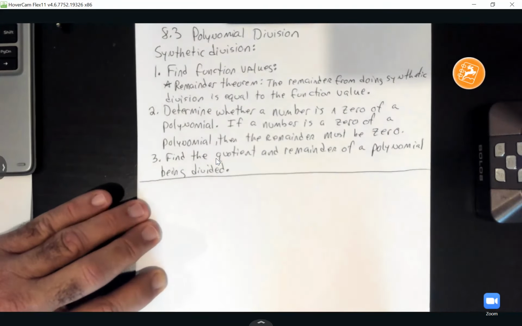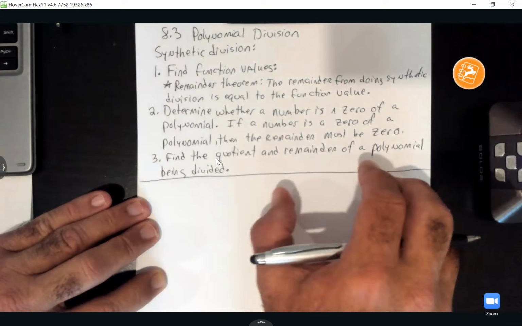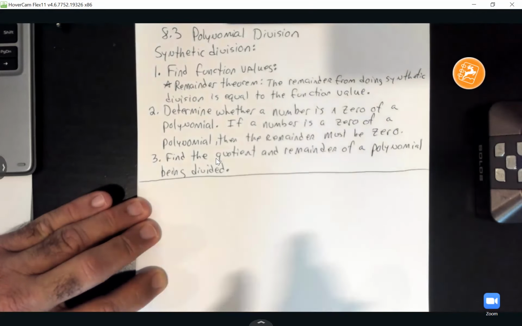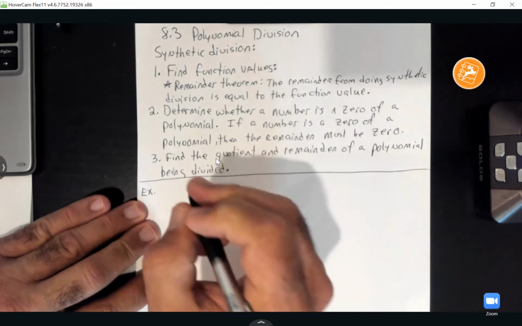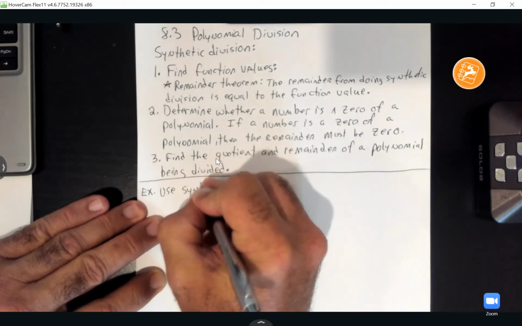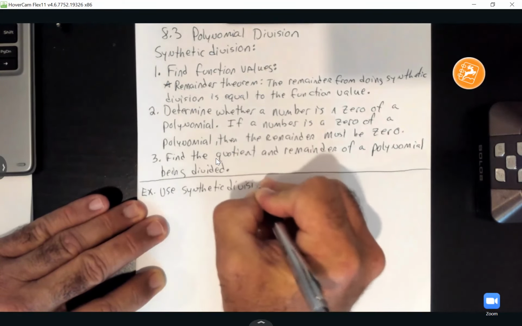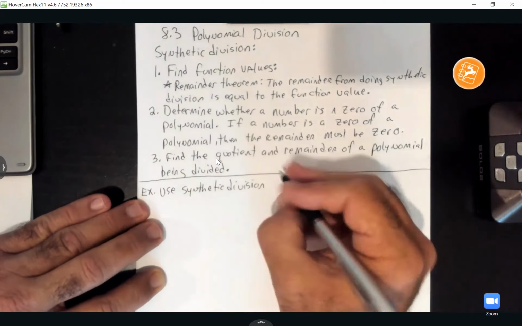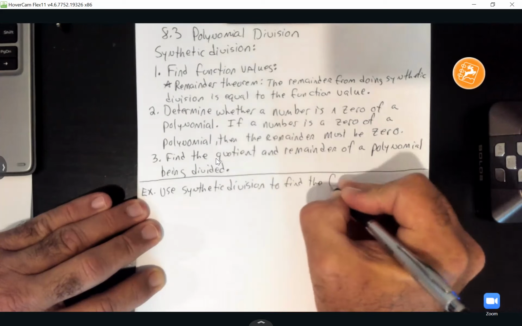So y'all, what I'm going to do, I'm going to work an example while I list out the steps that we're going to do, okay? So for this example, I'm going to use synthetic division to find the function value.